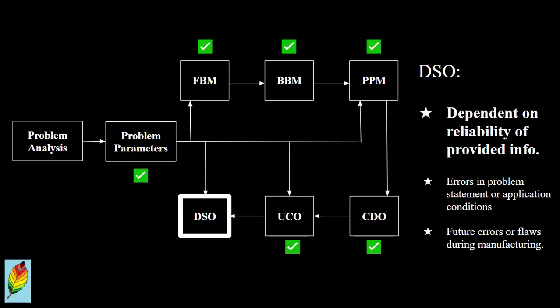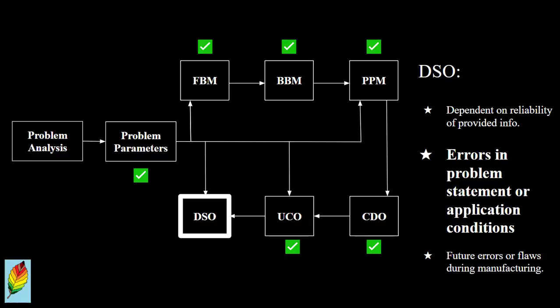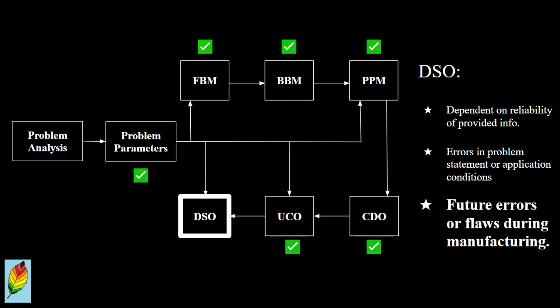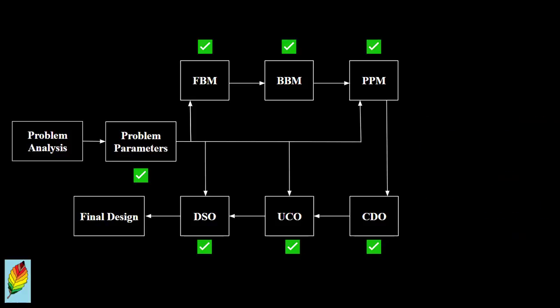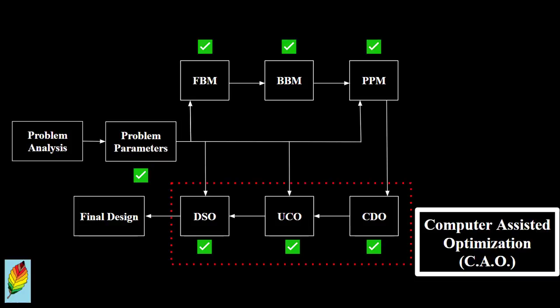The need for using deterministic or stochastic optimization depends on the reliability of the information we have, be it based on the potential for errors in the problem statement and application conditions, or even the potential for future errors during the manufacturing stage. With the optimization problem properly defined and able to be solved, this completes the computer-assisted optimization process, otherwise known as CAO.